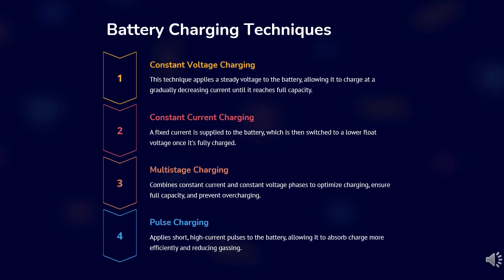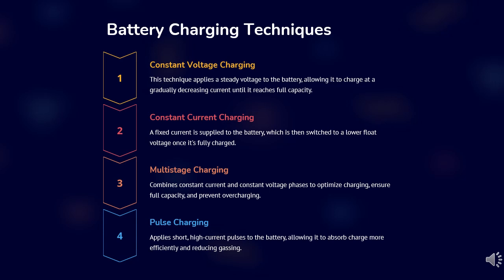Constant current charging. A fixed current is supplied to the battery, which is then switched to a lower float voltage once it's fully charged. Constant current chargers vary the voltage they apply to the battery to maintain a constant current flow, switching off when the voltage reaches a level of full charge.